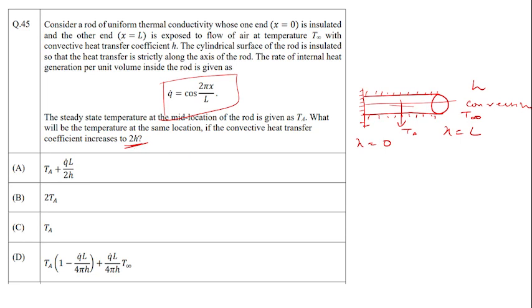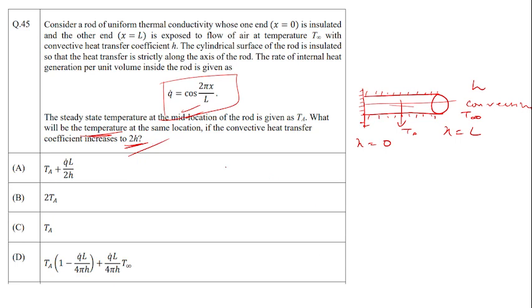So let's find out the equation for the temperature. The generation equation is given. What we have to do, firstly we will find the relation between the temperature and the heat transfer coefficient for this question.